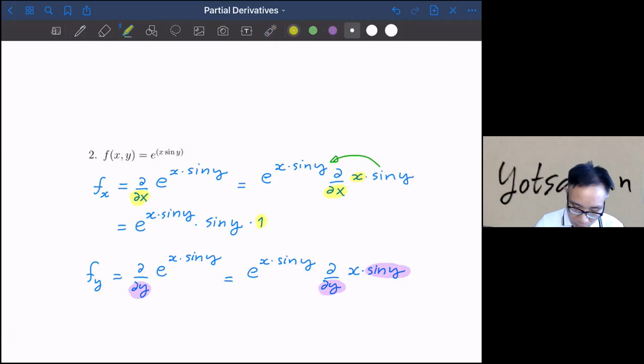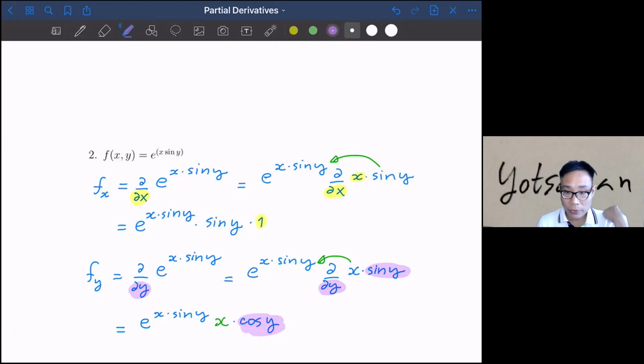So for this one, it's going to be e to the x sine y, and you're going to pull out the constant x to the front. Okay, so you pull out the constant x to the front, and you find the derivative of sine. The derivative of sine will be cos y. Okay, so this one will be the purple one that you have.